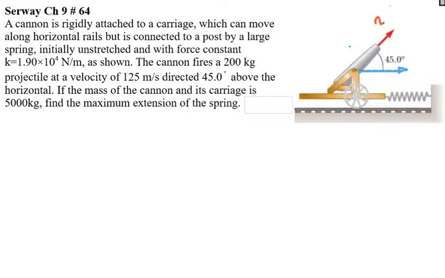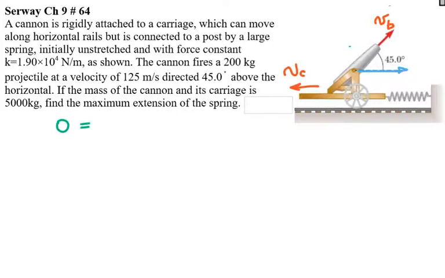So if this is the velocity of the ball after it was fired, and the cannon is going to be moving horizontally with some velocity v cannon, then I can use conservation of momentum before and after. The momentum of both of them before is 0, because neither cannon nor cannonball are moving.